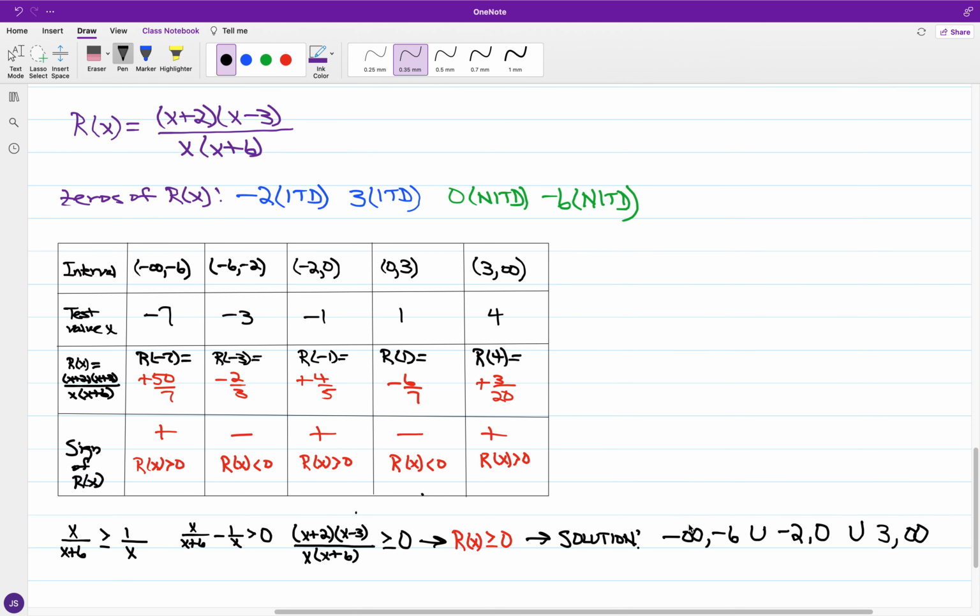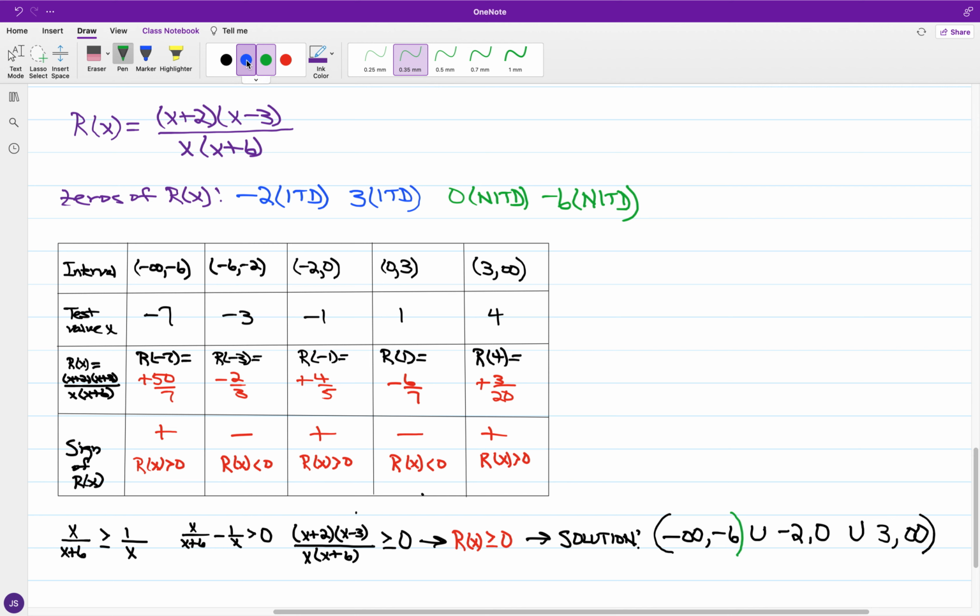And for the enclosures, again, you have parentheses around negative and positive infinity. For the rest, you're going to have brackets around only the zeros in the domain. First of all, we have -6, that is not in the domain, so we get our parentheses.